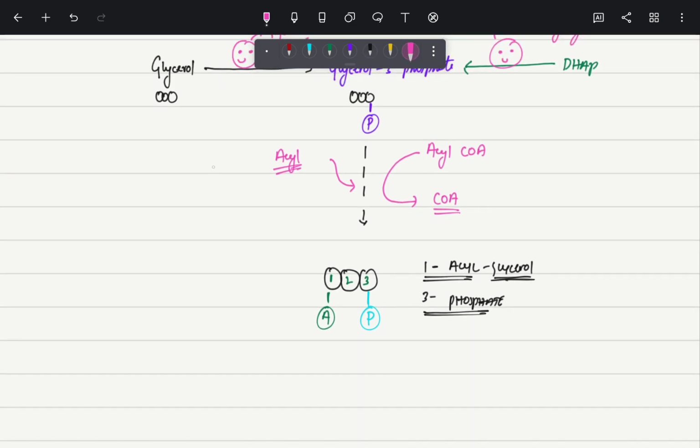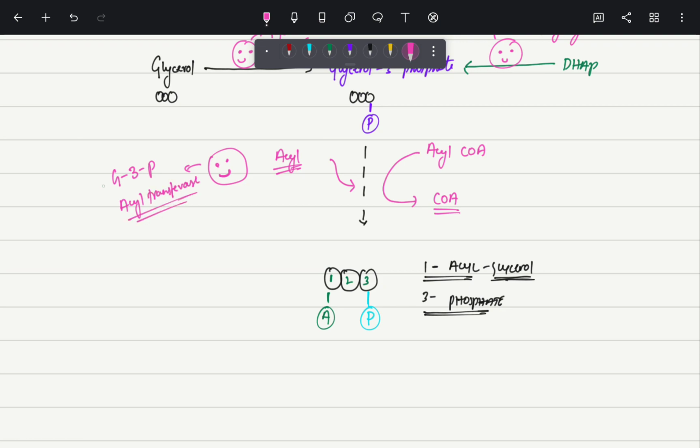And what is the enzyme responsible here, which is transferring the acyl group to the glycerol 3-phosphate? The enzyme name is your glycerol 3-phosphate acyl transferase.